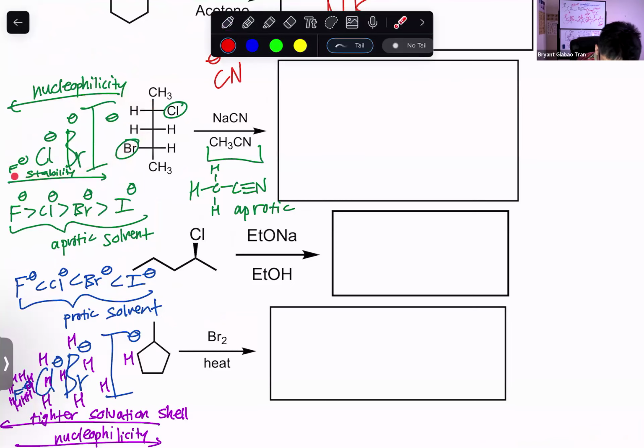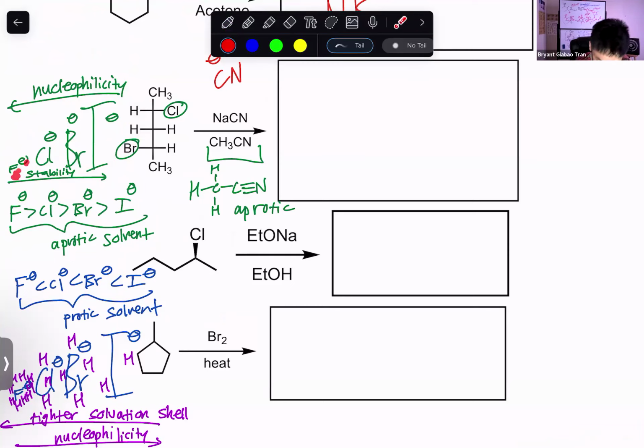The fluoride is the most nucleophilic because it's the least stable. The negative charge is unstabilized by the small space it can be in on that small fluoride ion. But in protic solvent, because of H bonds and the solvation shell, the fluoride is now the weakest nucleophile because it's solvated by the H bonds. So that's the different concept. In this case here, bromine is the better leaving group because it's bigger. It can hold the negative charge better.